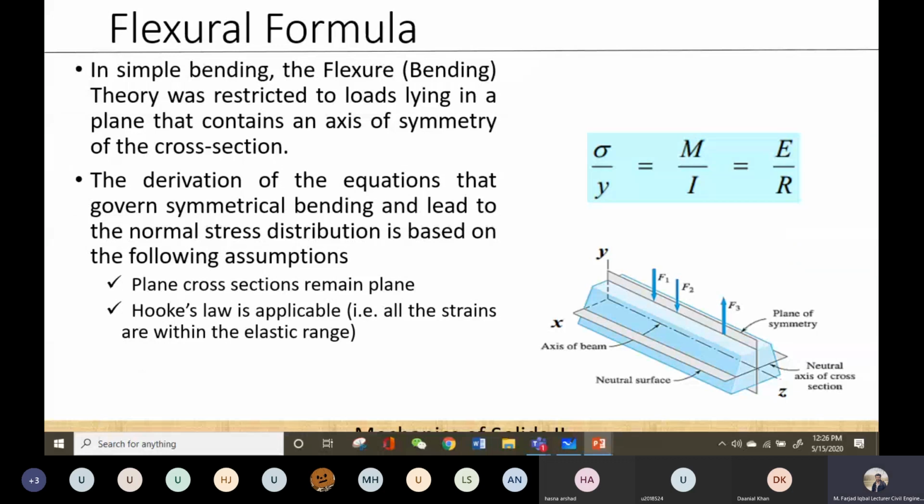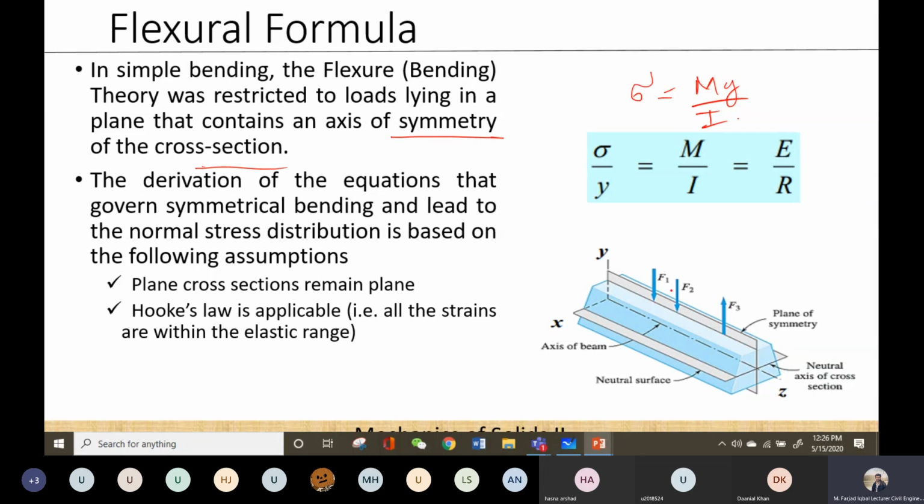Now you have studied the flexural formula as well, so we will just review it briefly. The flexural formula is sigma equals My over I. This formula was derived for loadings acting parallel to an axis of symmetry of the cross section.